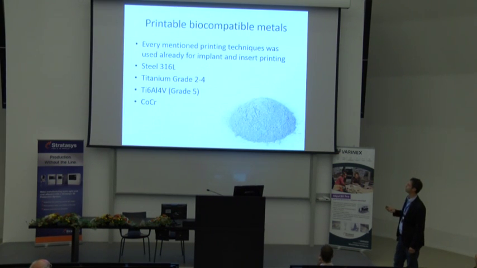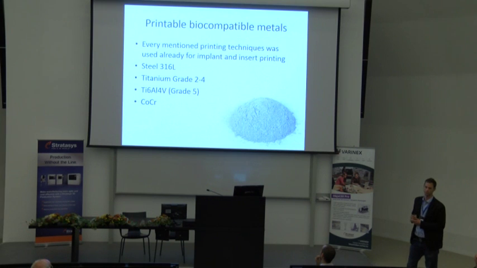What metals can be used? The basic material is a powder of the metal which you want to use. For medical treatments, steel, titanium, a special alloy of titanium, or a cobalt chrome alloy can be printed by melting or sintering.